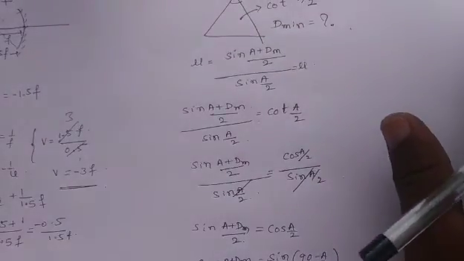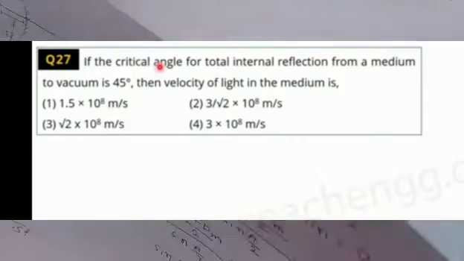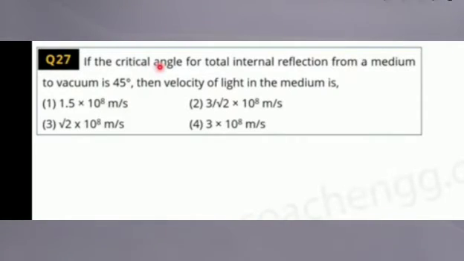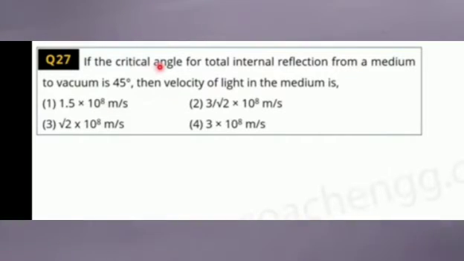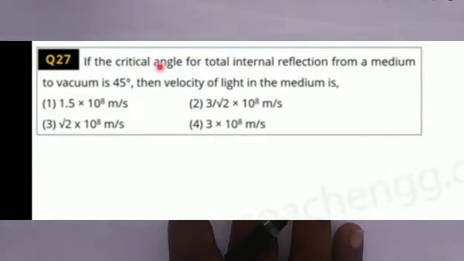So next problem. If the critical angle for total internal reflection from a medium to vacuum is 45 degree, the velocity of light in the medium is.